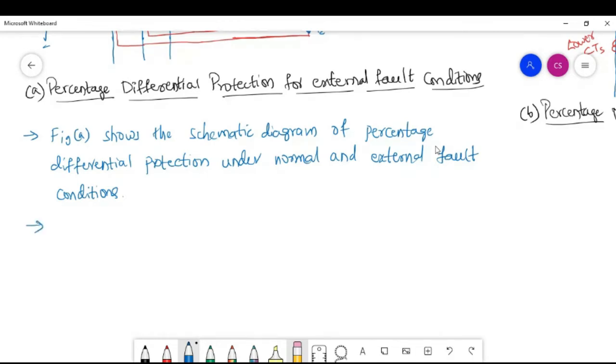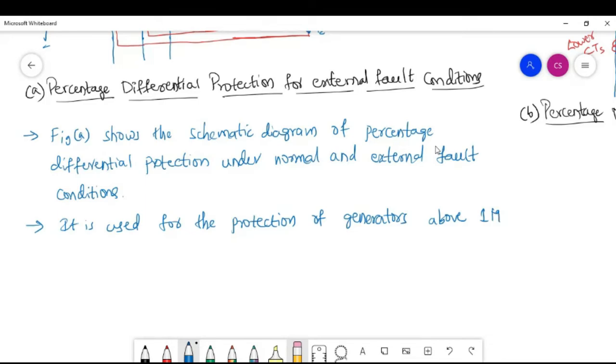This type of protection scheme is used for a generator having a rating of more than 1 megawatt. So it is used for the protection of generators above 1 megawatt.